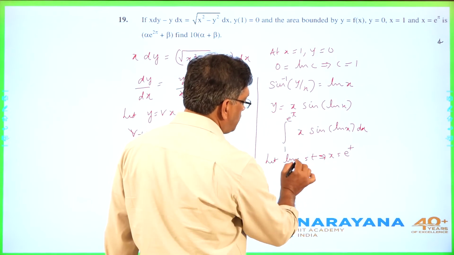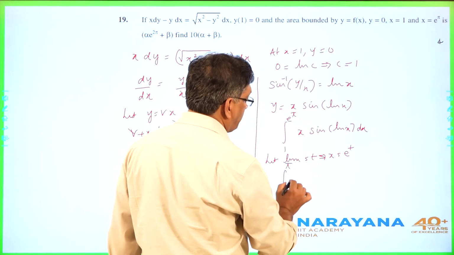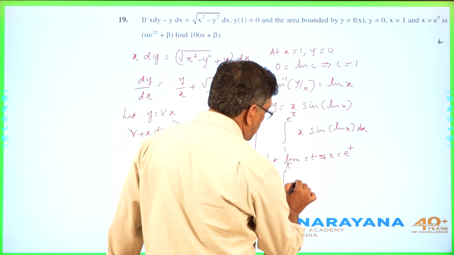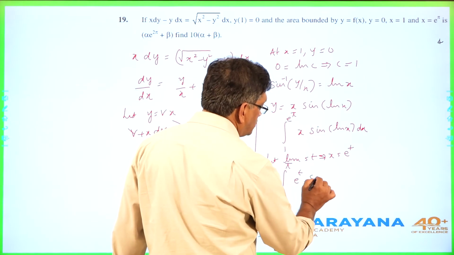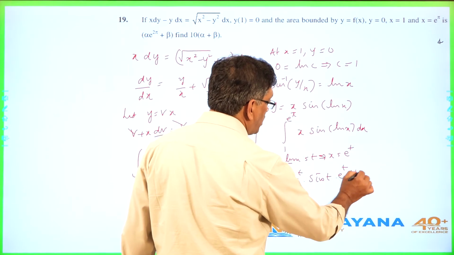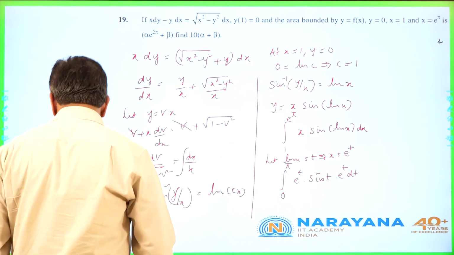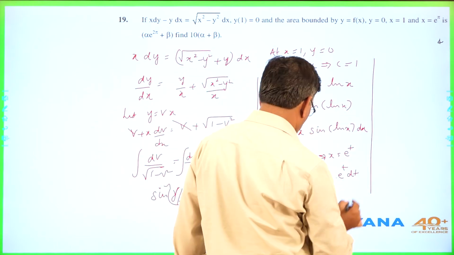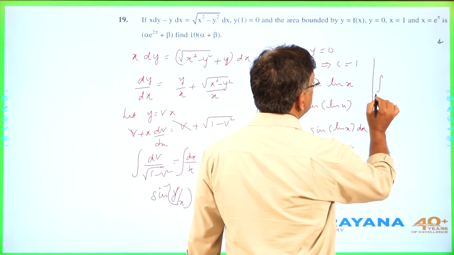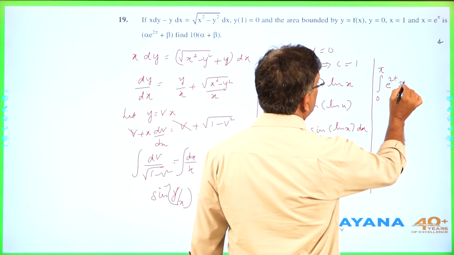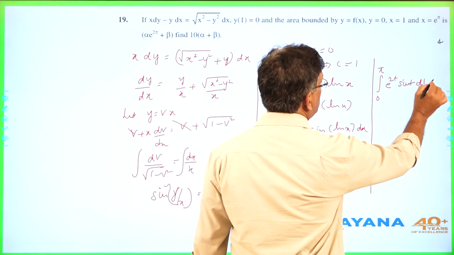When x is e power pi, t is pi. x is equal to e power t and this is sin t, dx is e power t dt. I write here. Okay. It is the integral from 0 to pi of e power 2t into sin t dt.